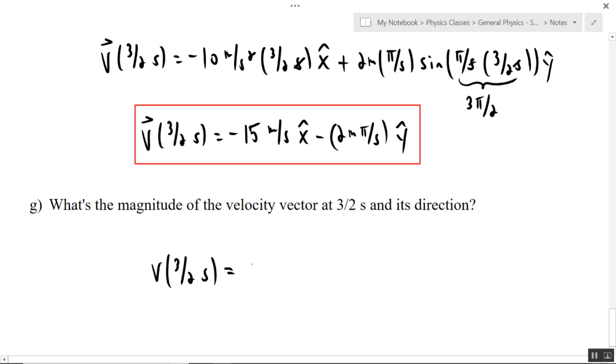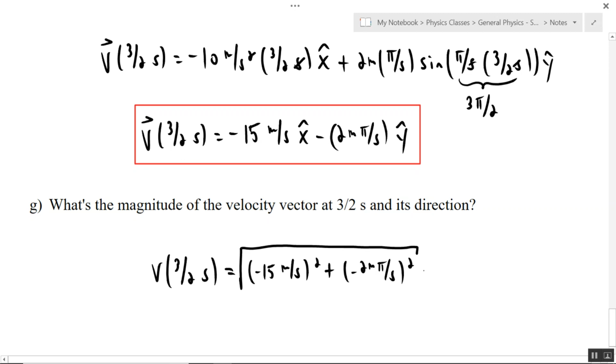So negative 15, and technically negative 2 pi again, but you don't need to write the negative if you don't want to because you're squaring it, but they're both negative.